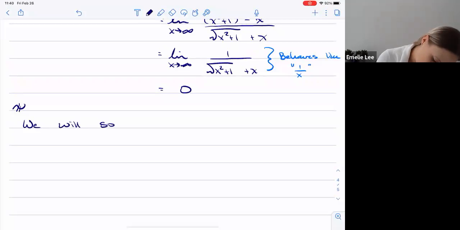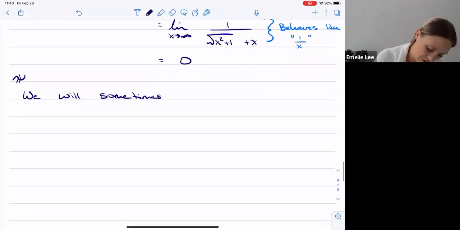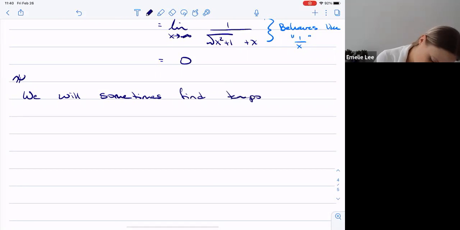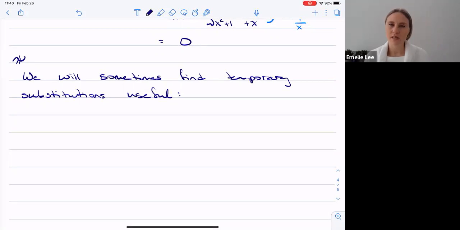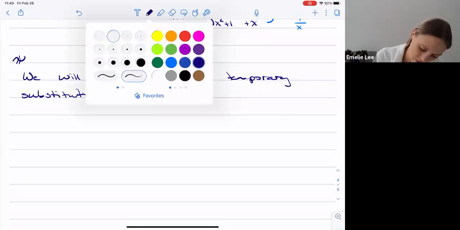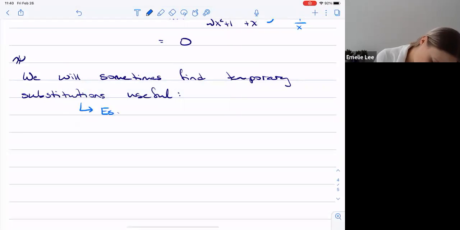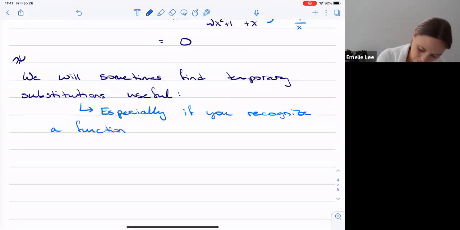We will sometimes find temporary substitutions useful, especially if you recognize a function inside another function.